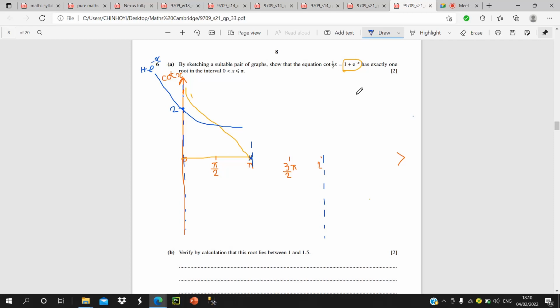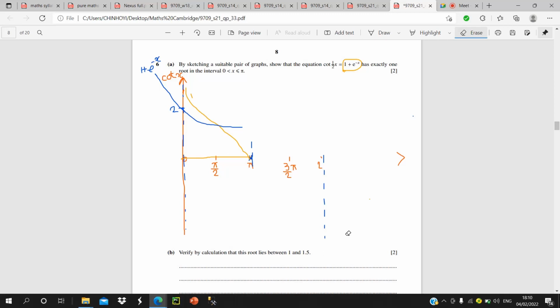I think you have tried, but you were supposed to clearly indicate the intercepts, like 2. To indicate 2 was very necessary. So as you can see, what will be your comment? The graphs intersect once, right? Yes.